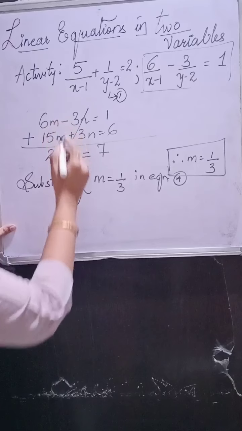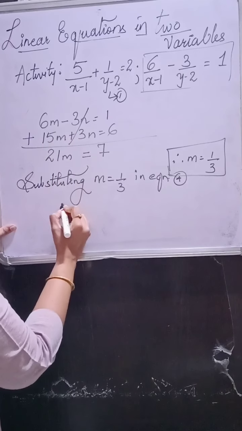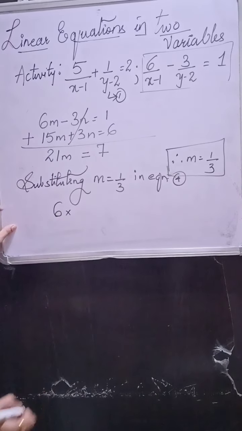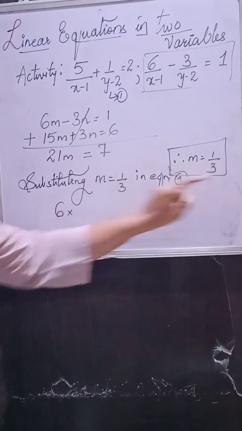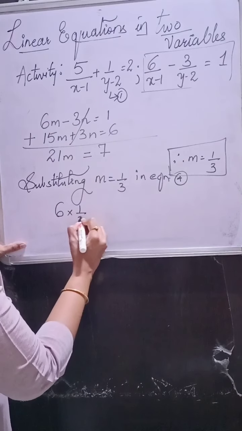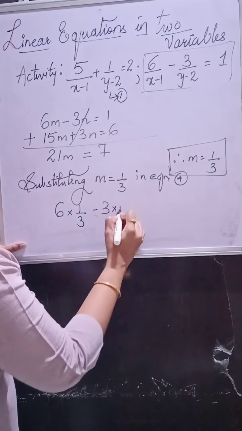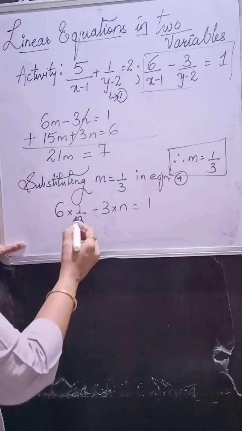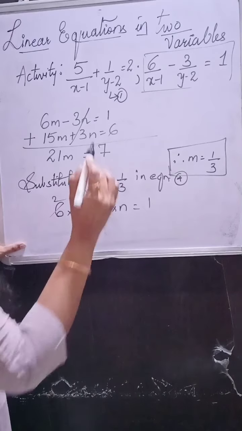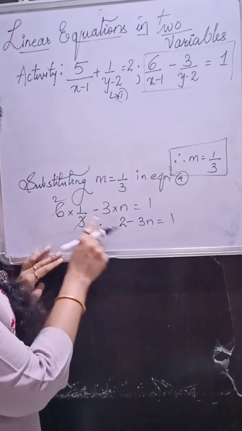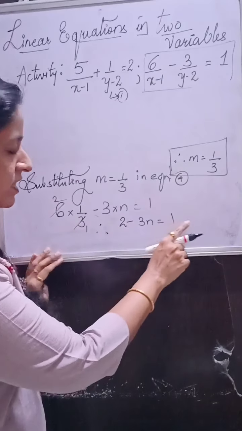So I'll put here. So what am I getting? 6 into m's value I got 1 upon 3. So in place of m, 1 upon 3, minus 3 into n equal to 1. Here I can cancel. 3 ones are 3, 3 twos are 6. So I cancelled here. I got 2 minus 3n is equal to 1.